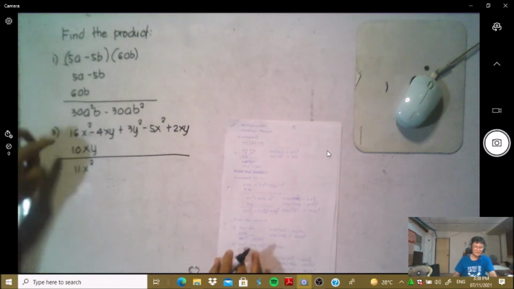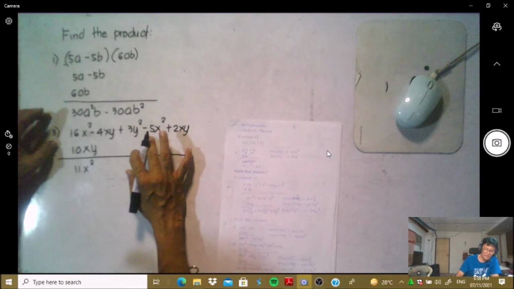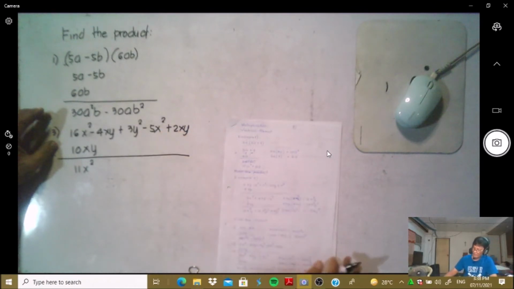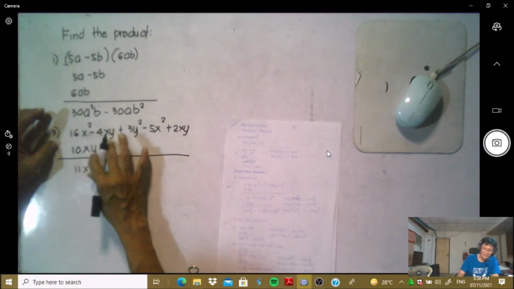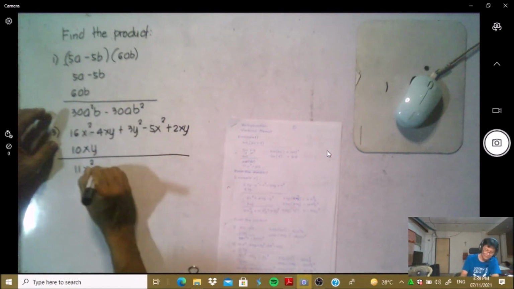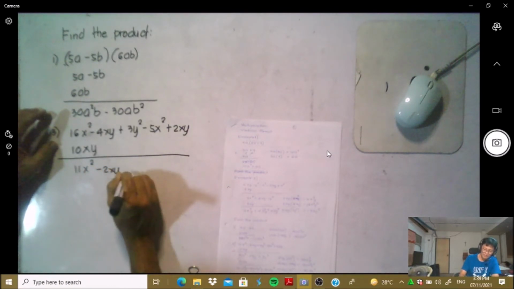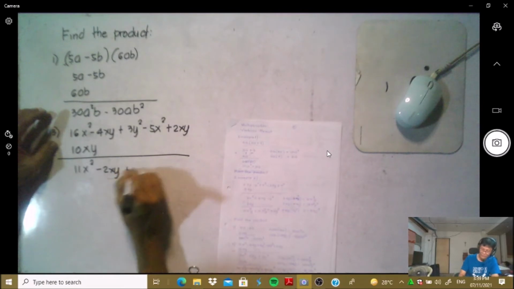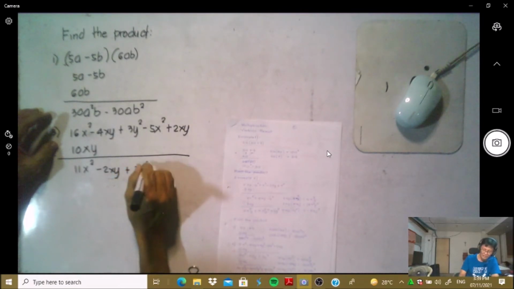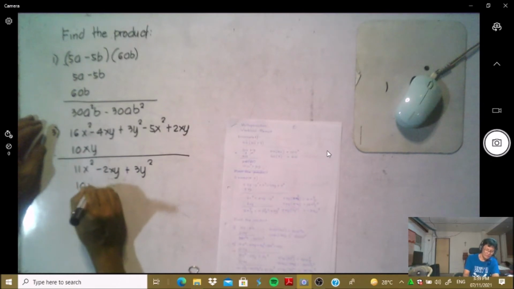So we have 16x squared minus 5x squared is equal to 11x squared. Then what will be next will be xy. So we have negative 4xy plus 2xy is equal to negative 2xy. Then plus 3y squared. Okay. Then we are now ready to multiply that with 10xy.